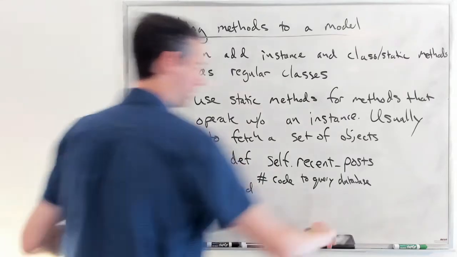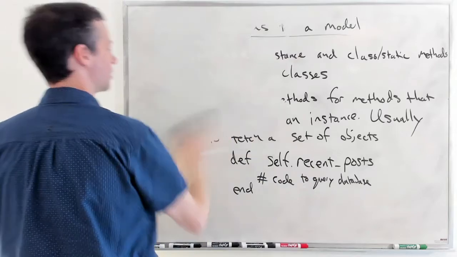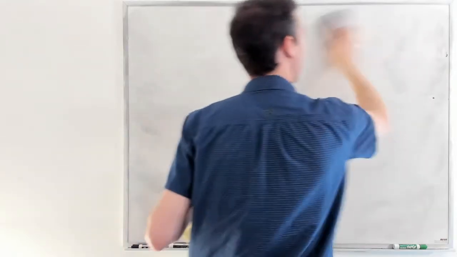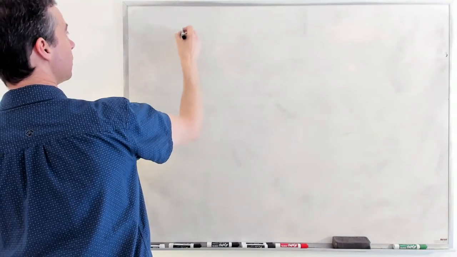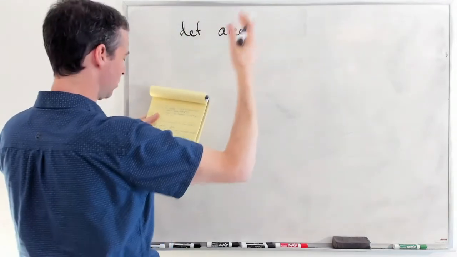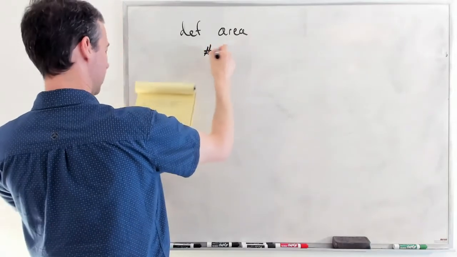On the other hand, for an instance method, and you can write these as well. Again, these are for the actual object. When we have an object in hand and it has its values, you could write def, I have some object and I'm going to compute its area.